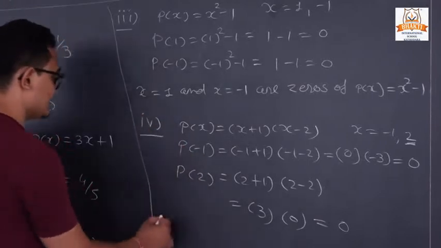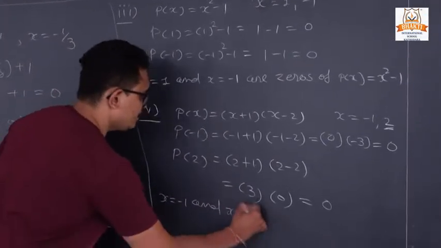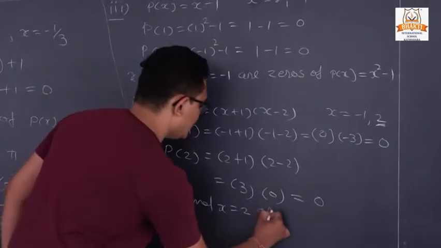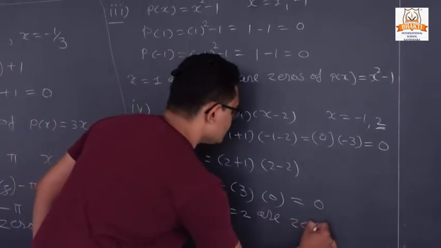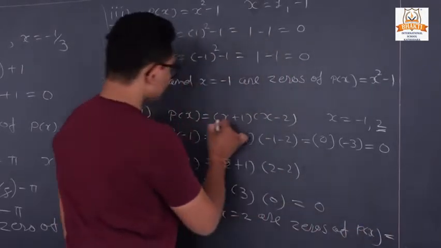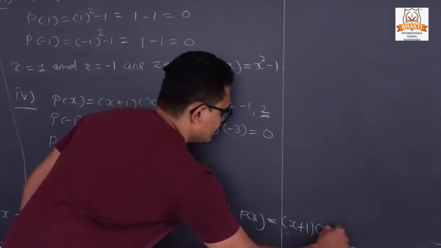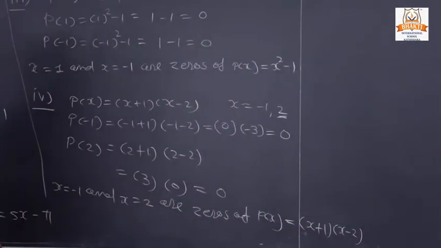So we can write x is equal to minus 1 and x is equal to 2 are zeros of p of x is equal to, what is our polynomial, x plus 1 and x minus 2.